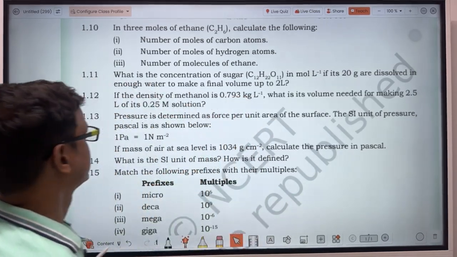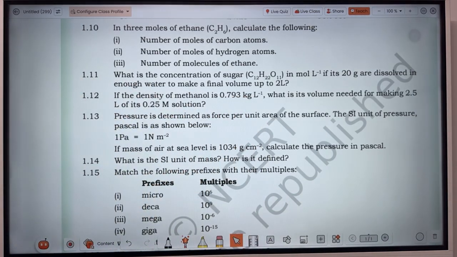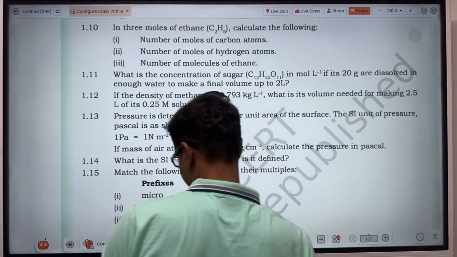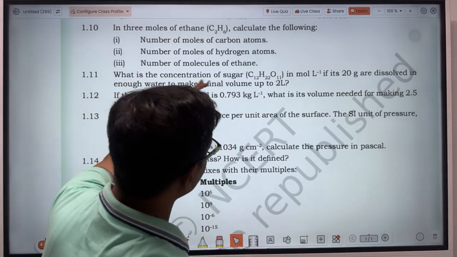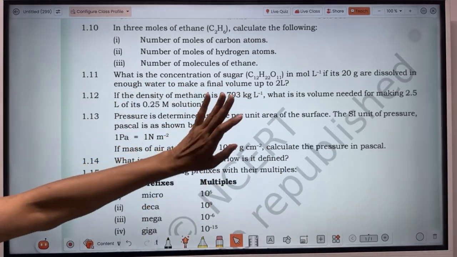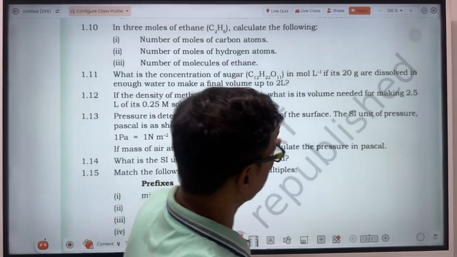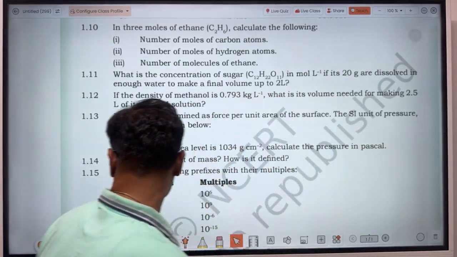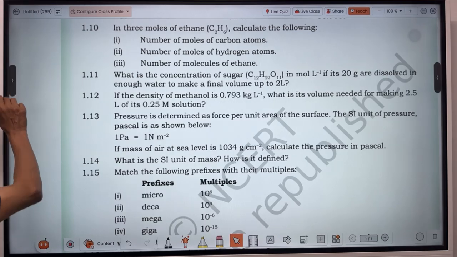So here, in this question, 20 gram of sugar is dissolved in water to form a final volume of 2 liter. You have to find the concentration in mole per liter. Mole per liter means you have to find the molarity of the solution.